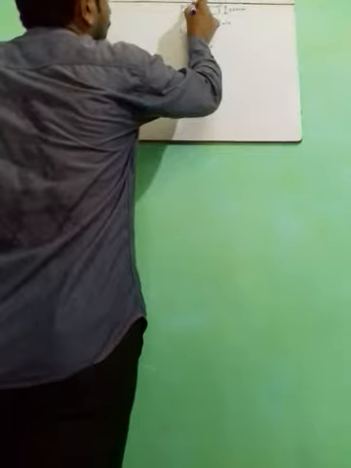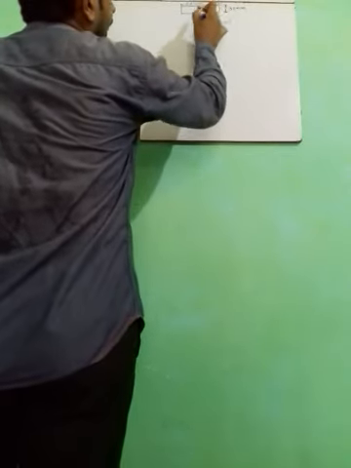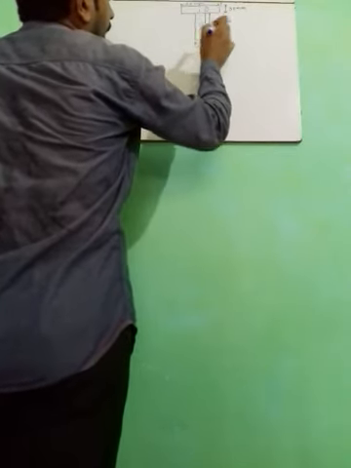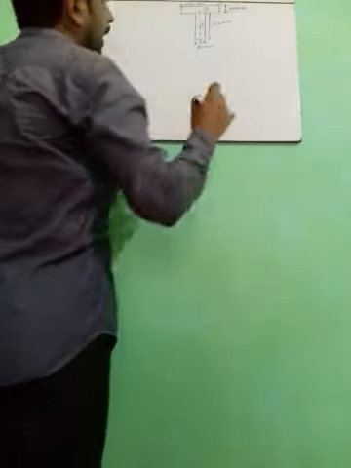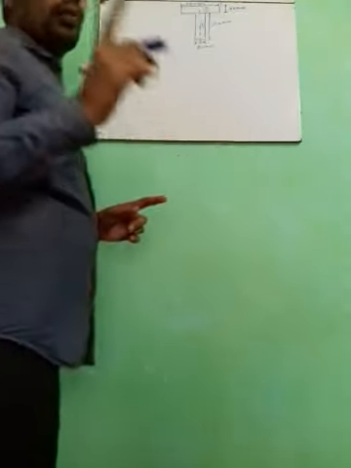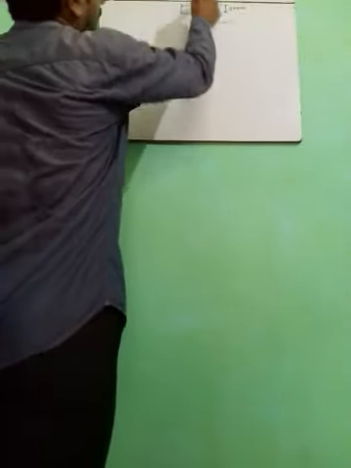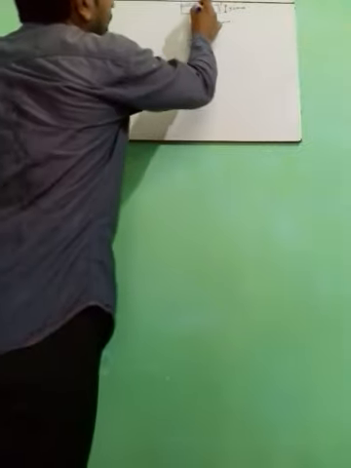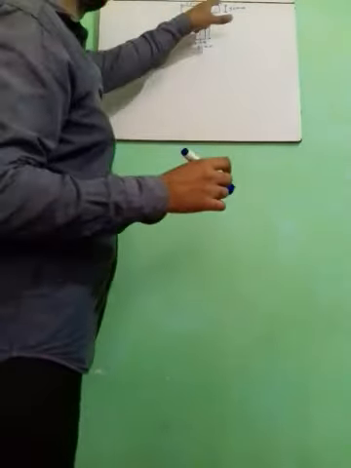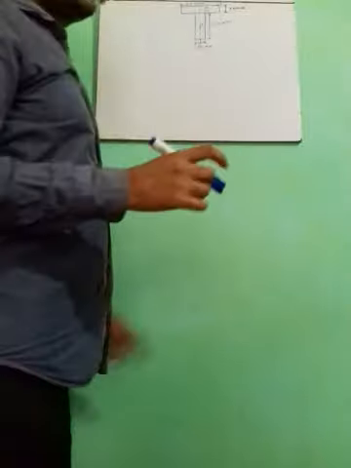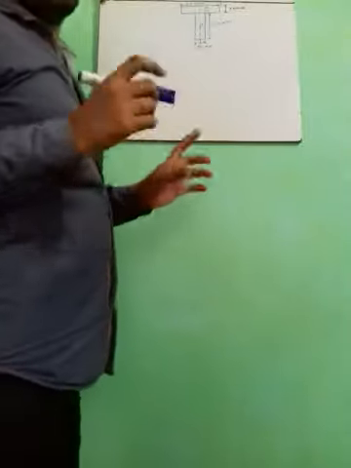This rectangle is called the flange, and this part is called the web. So we have to find out the MI. At first we have to find out the CG of the two sections. Then we find out the MI of each section, and the summation of the MI of these two sections will be the actual MI.